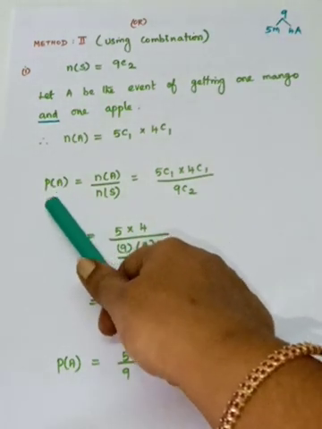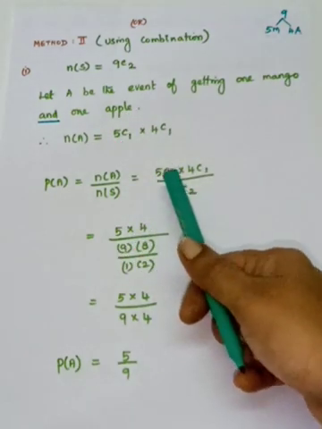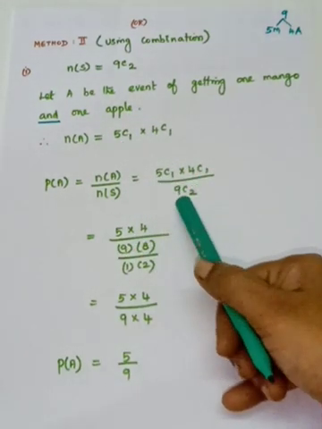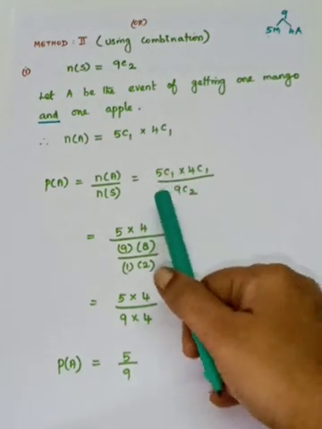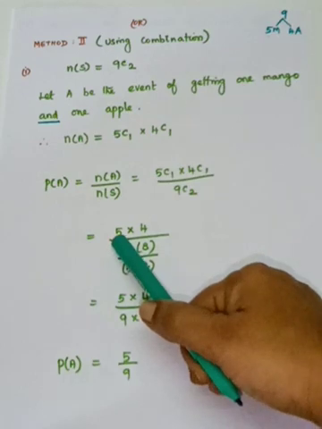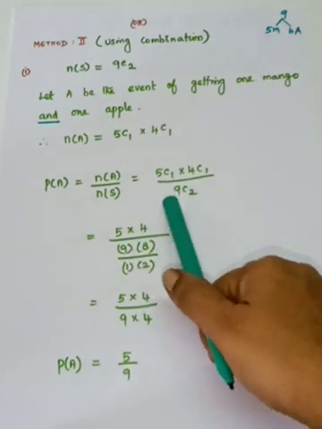Next, what is asked? Probability is asked. So P of A is equal to n of A by n of S. n of A we have written here as 5C1 into 4C1, divided by, what is n of S? 9C2. We have to do the calculation. 5C1 means one place you have to fill up, that is 5. Here 4C1 is 4. 9C2, how to write?